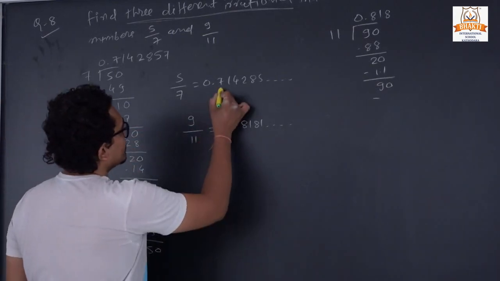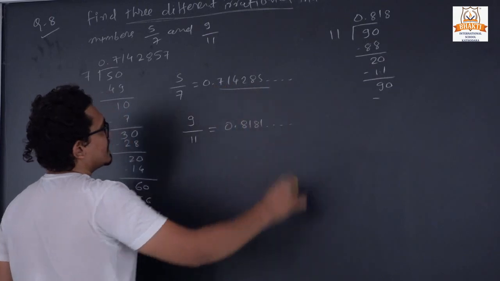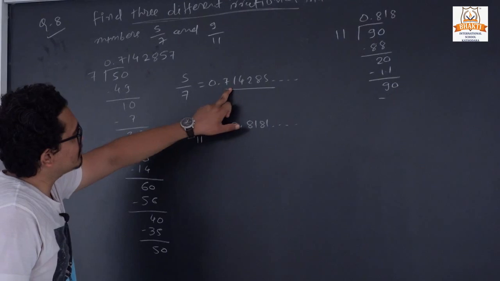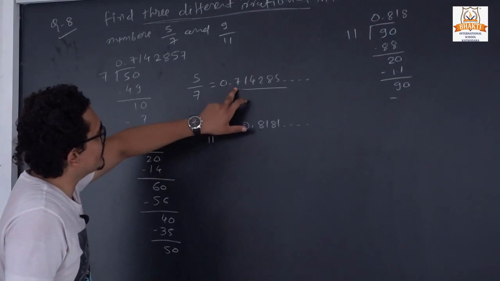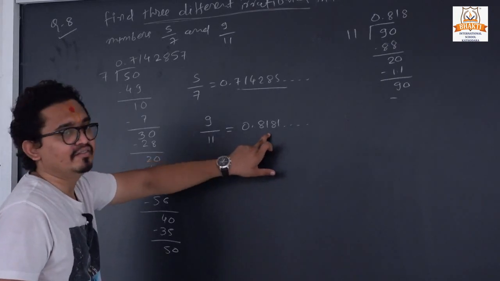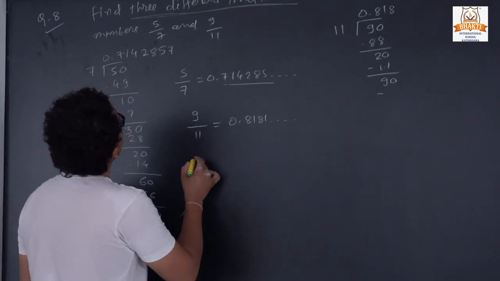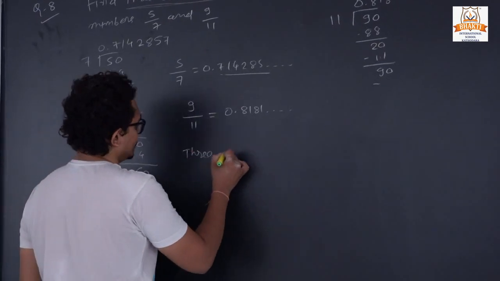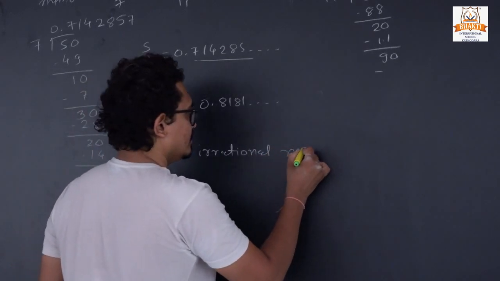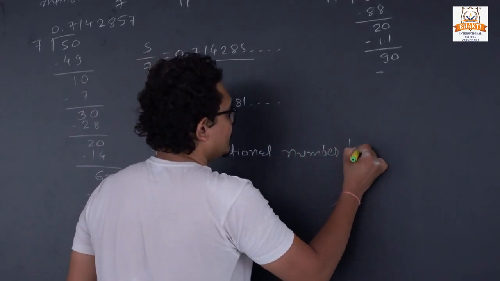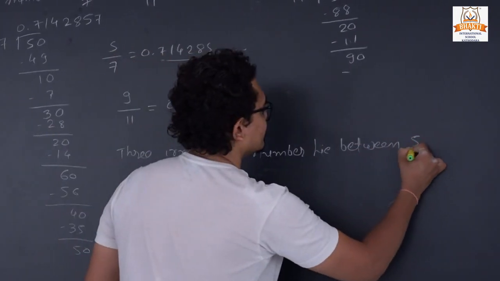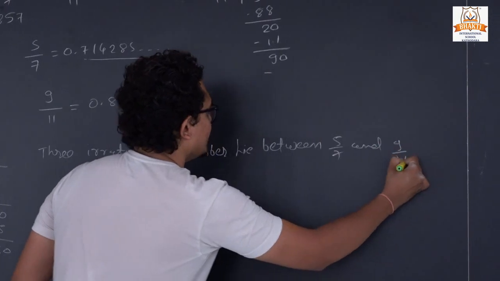So for that, the sequence is starting from 71 and here it will be 81. So we need to write the number which lies between 0.71 and 0.81. So here we can write 3 irrational numbers which lie between 5/7 and 9/11.